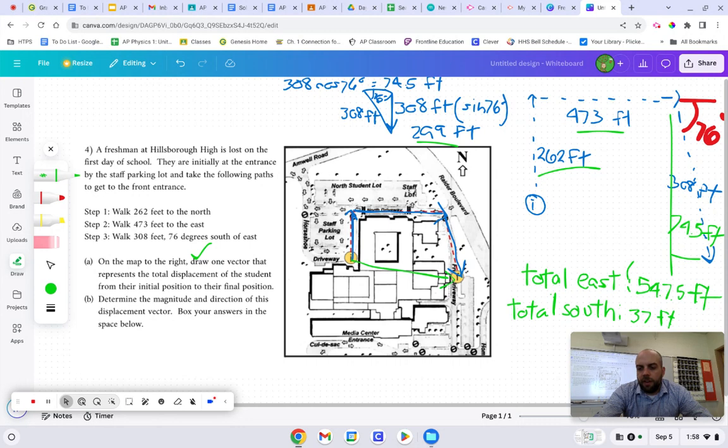Because they moved a little farther south than they did north. It's 299 feet south, but only 262 feet north. So overall, we see them shift down a bit, which matches what's happening on our picture.